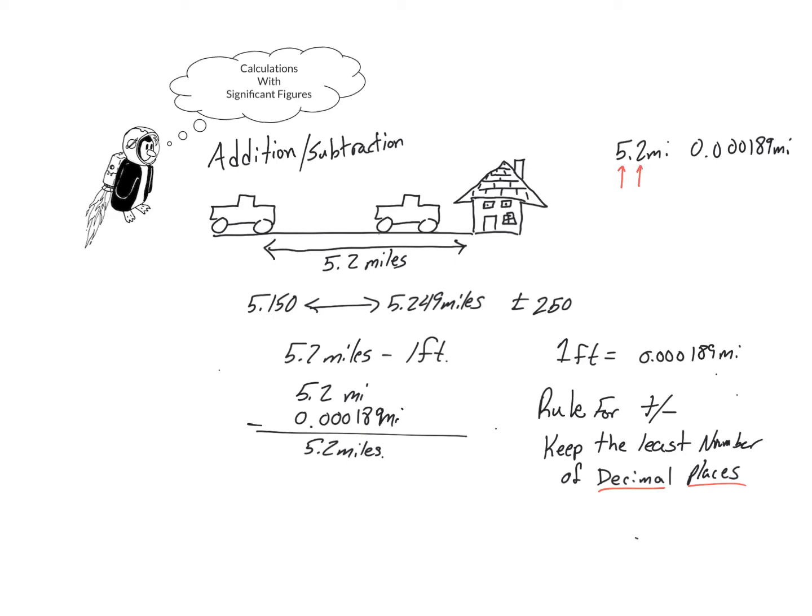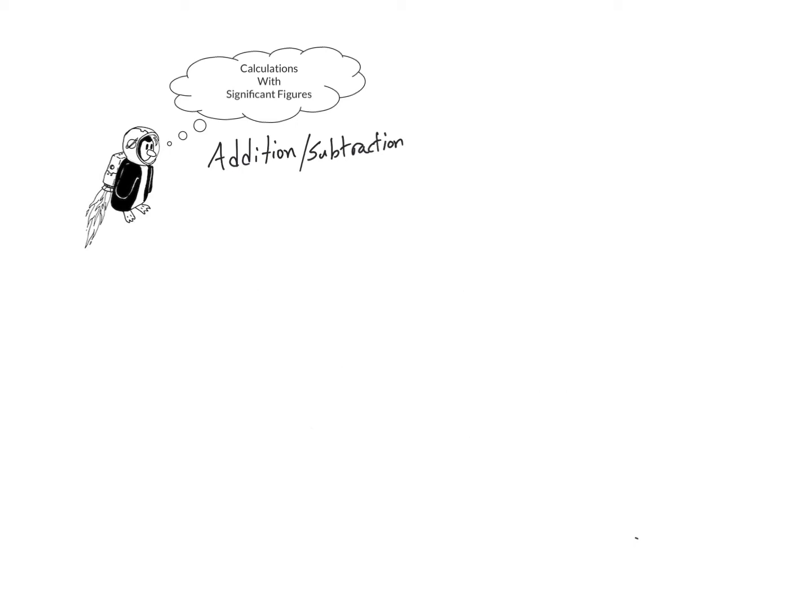Whereas the small number, we don't even have anything in the 1 over 10, the 1 over 100, the 1 over 1,000. We have to go to 1 over 10,000th place. So all the uncertainty in this big number swallows up the little one. When in doubt, remember that the big number can eat a small number because there's so much uncertainty in a large number. Let's do some examples.